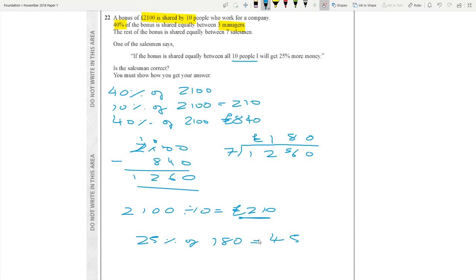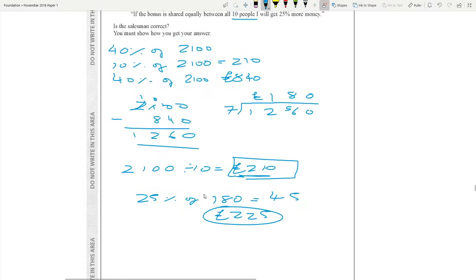So if they were to get 25% more than 180, that's 180 plus 45, which is £225. According to their claim, they should be getting £225, but they're not, are they? If it was shared equally, they'd only get £210, which is less than 25% more. So are they correct? The answer is no.